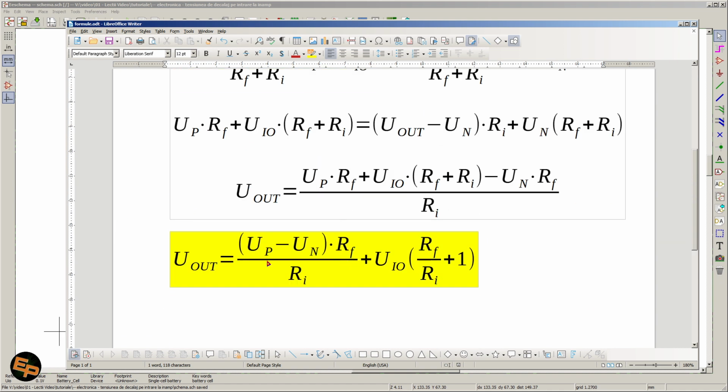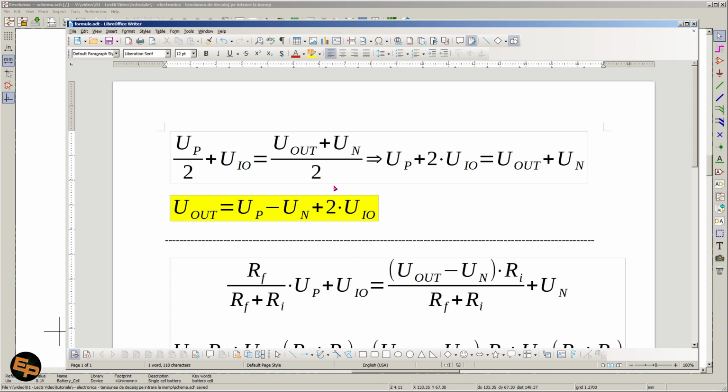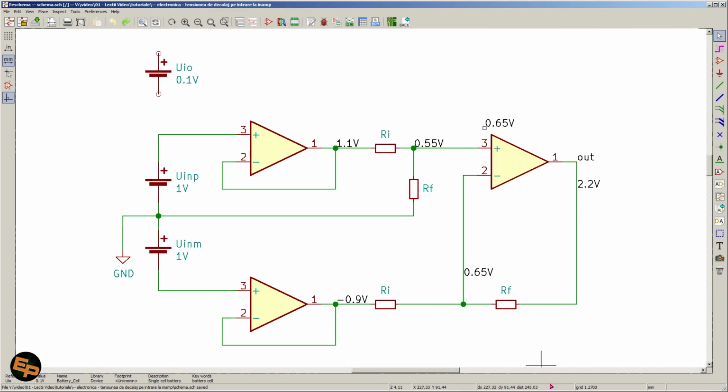Well, we have one of them, but if you consider the amplification factor equal to 1, then it simplifies to another one. But anyway, before that, let me explain how we can visualize this effect. So if we have here 1.1 volts and here minus 0.9 volts, let's call these input positive and input negative.